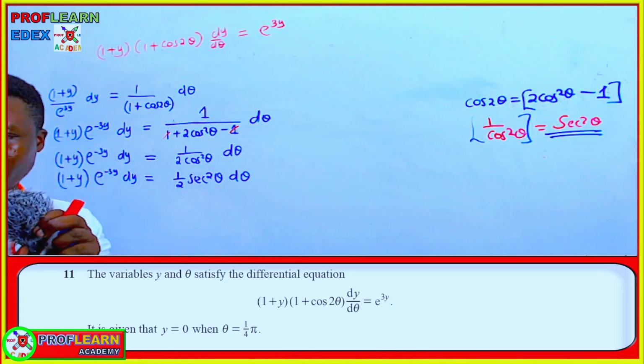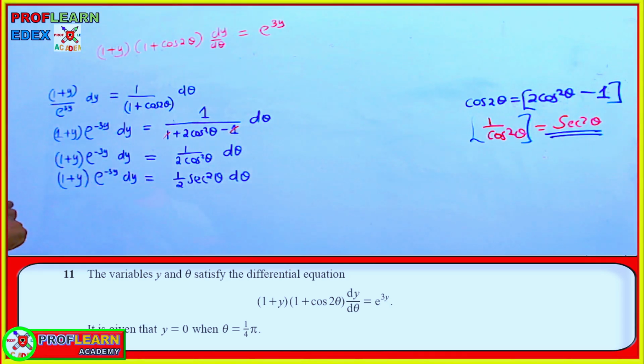So at this given point, we are now going to perform integration. We are going to integrate this part with respect to y, and we are going to integrate this part with respect to theta.